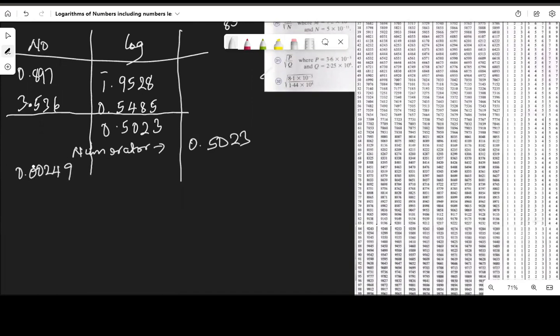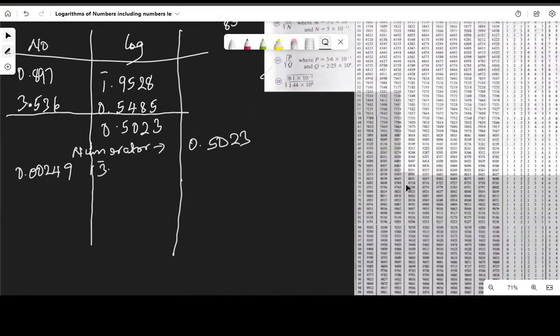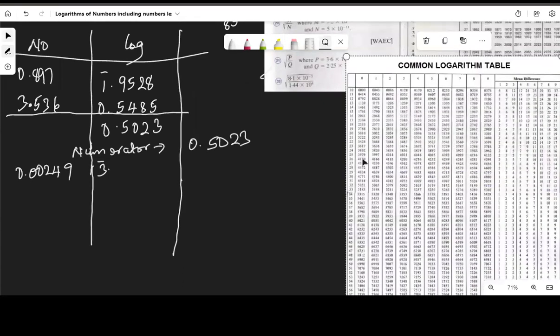The characteristic here is bar 3. And logarithm of 24 under 9 is 3962.